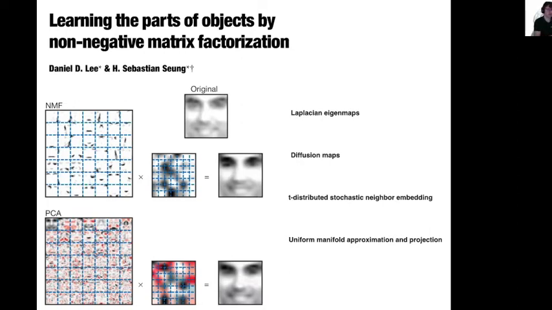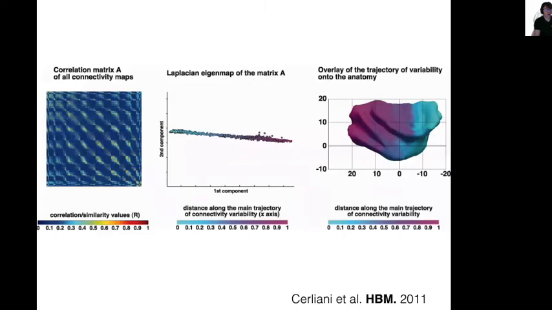Principal component analysis, for example, was the division that I showed you before of the frontal lobe. It was based on principal component analysis and didn't need anything more than a linear approach. But another approach, really pioneered by Leonardo Cerliani, used Laplacian eigenmaps, which is a nonlinear dimension embedding, to find components of connectivity that he projected back onto the insula of the brain.